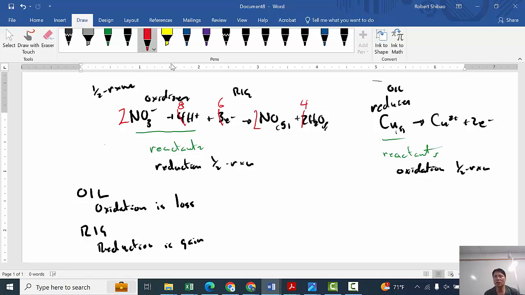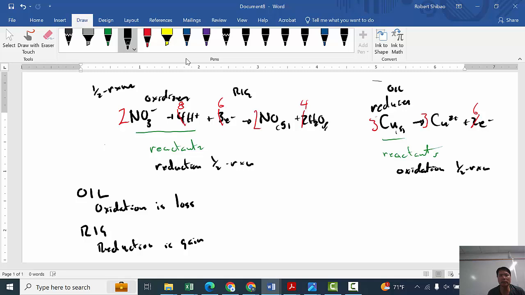And then the second reaction I'm going to triple. So that's 3 coppers, gives me 3 copper 2 plus, 6 electrons. Now the electrons are balanced. So we have 6 electrons being consumed and 6 electrons being lost. We can't have free electrons left over because those are terribly unstable.